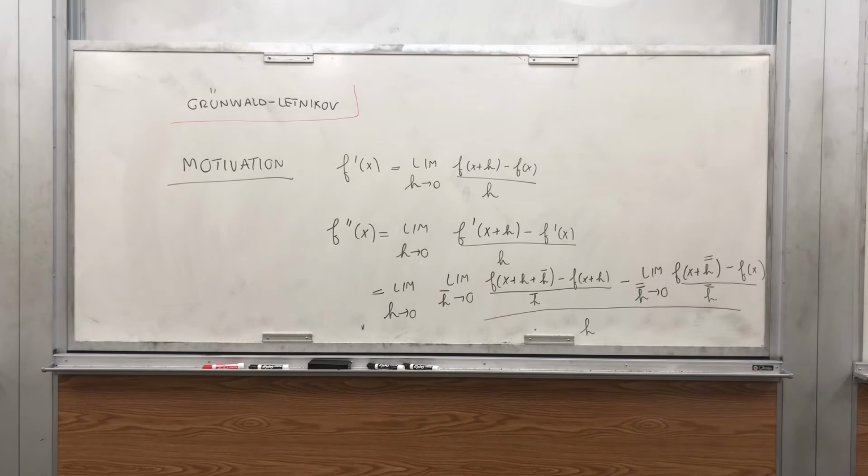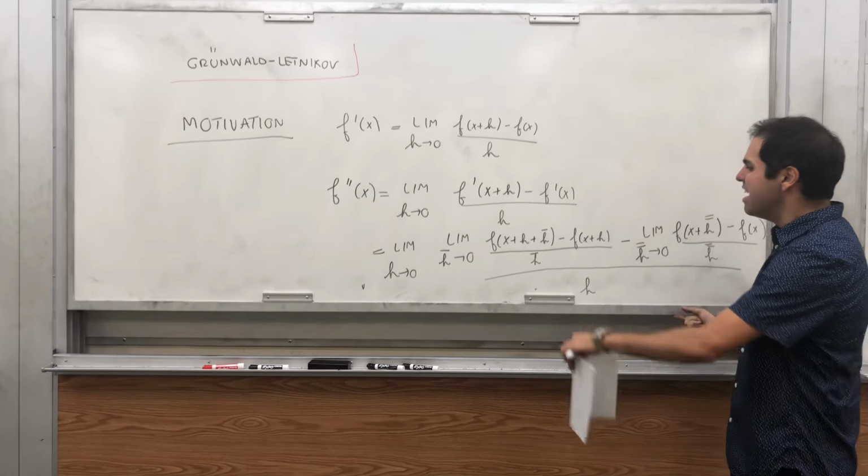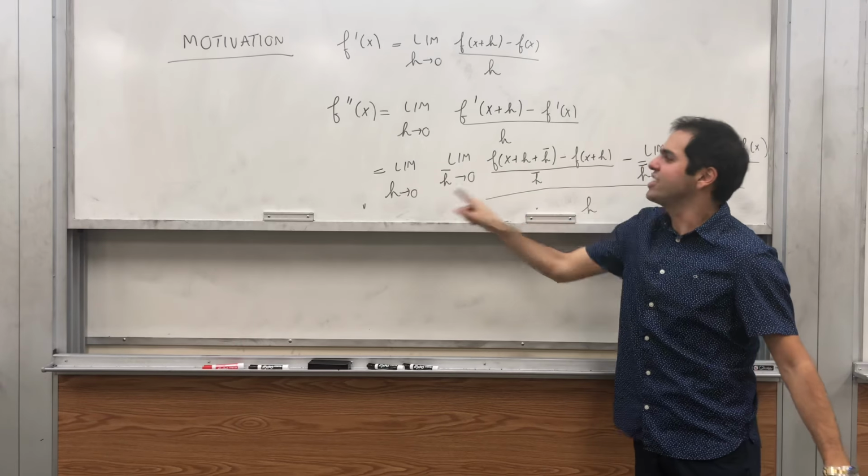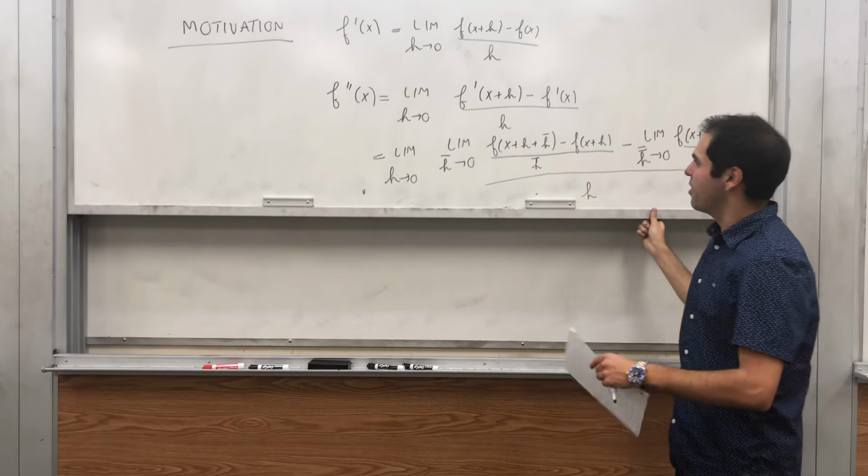Okay, and this is just for motivation, so assume everything exists, everything is smooth, then you can do some diagonal argument and just say h equals h bar.